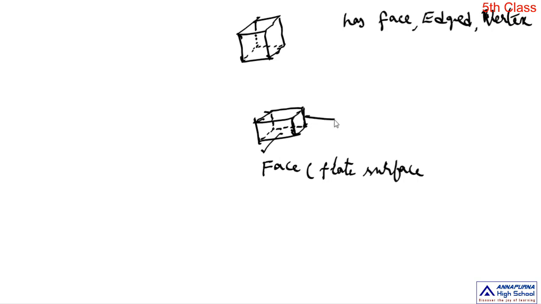What is the meaning of edge? I will explain it. If you observe this, this is one face, and this is the other face. This is the hidden face. This is the front part of the cuboid, and exactly opposite this one we will have one more face. These two faces are meeting at this point, isn't it?